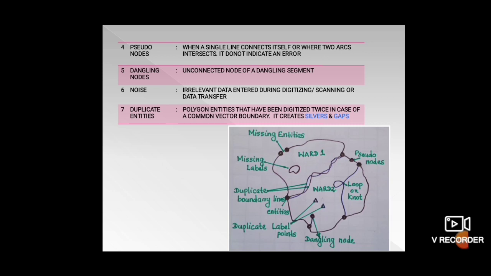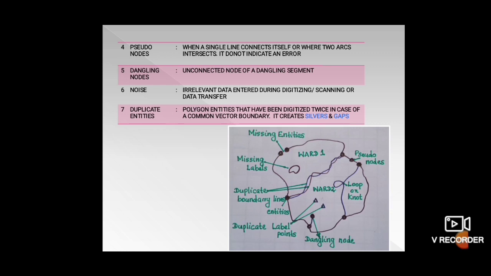Pseudonode is actually not an error. Sometimes a single line connects to itself and there are only two arcs, one at the beginning and one at the end. A node will automatically come in between these two nodes, and such a node we call a pseudonode.